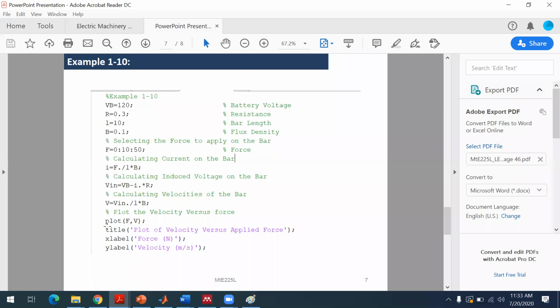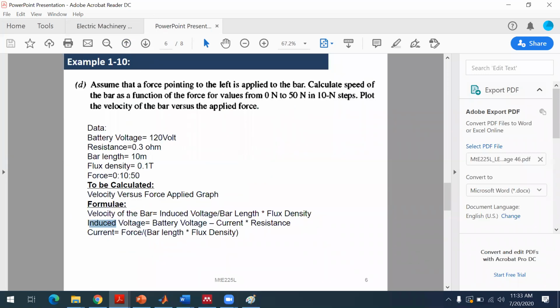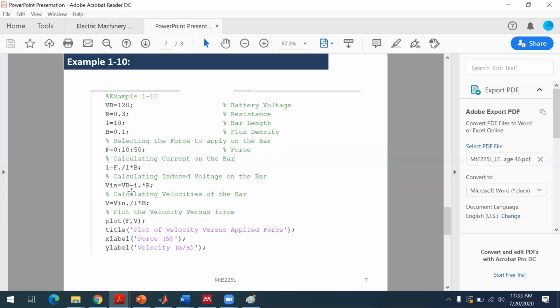Then we find the resulting induced voltage, which is battery voltage minus I into R. And last but not the least, the main thing we are finding is the velocity of the induced velocity being calculated in that bar.